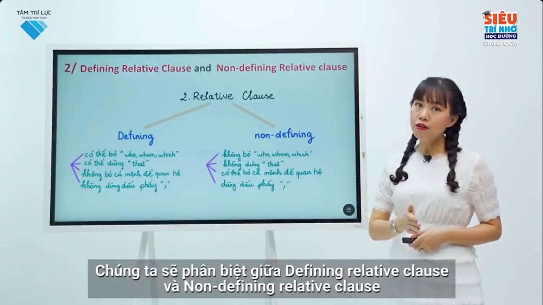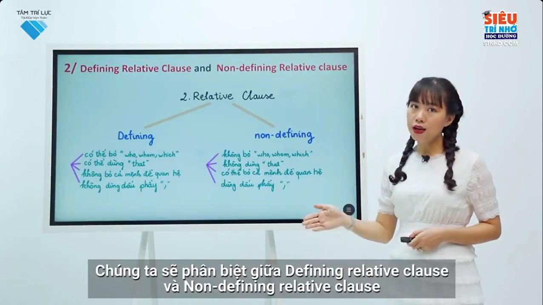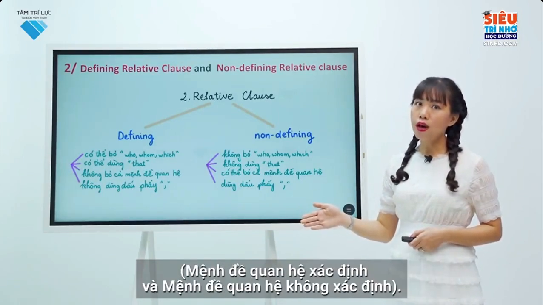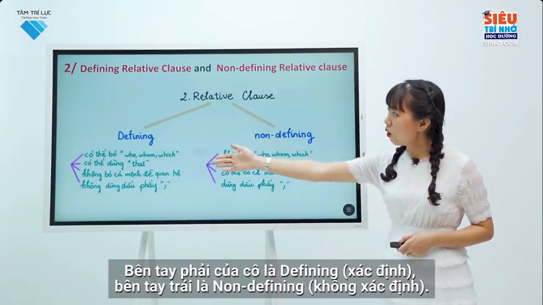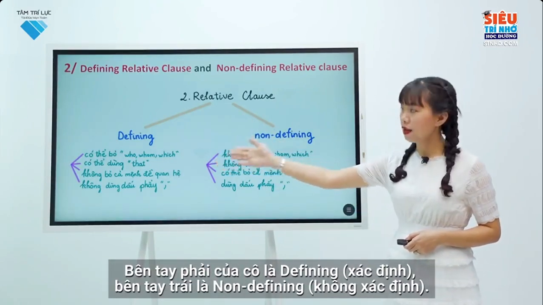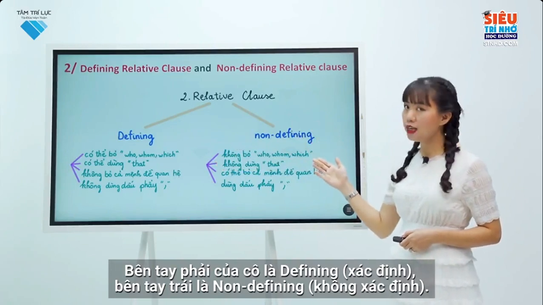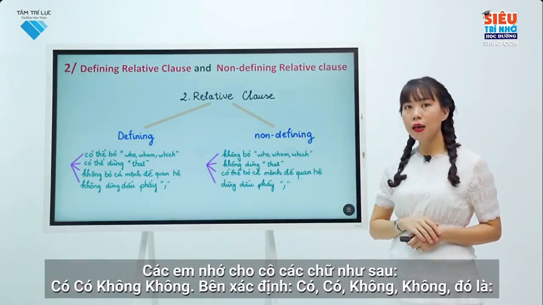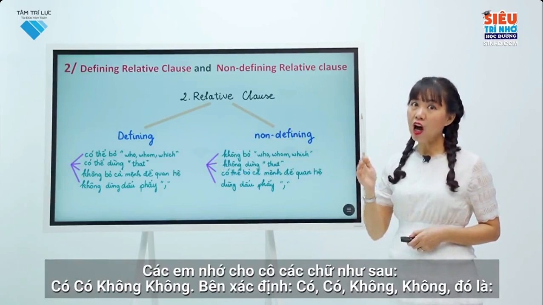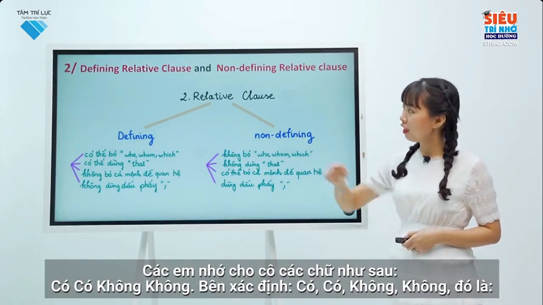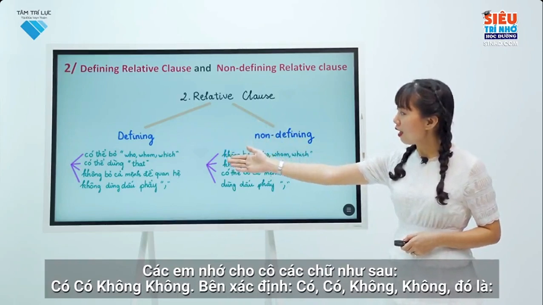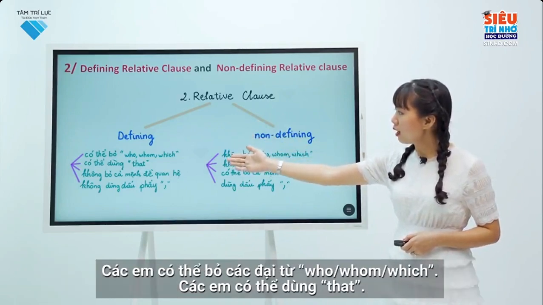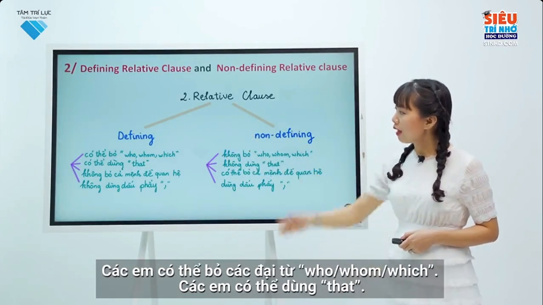Next, we will differentiate between defining relative clause and non-defining relative clause. To the right, I have defining. To the left, I have non-defining. Remember the following words: can, cannot, cannot. For the defining side, can, cannot means you can omit pronouns like who, whom, which.